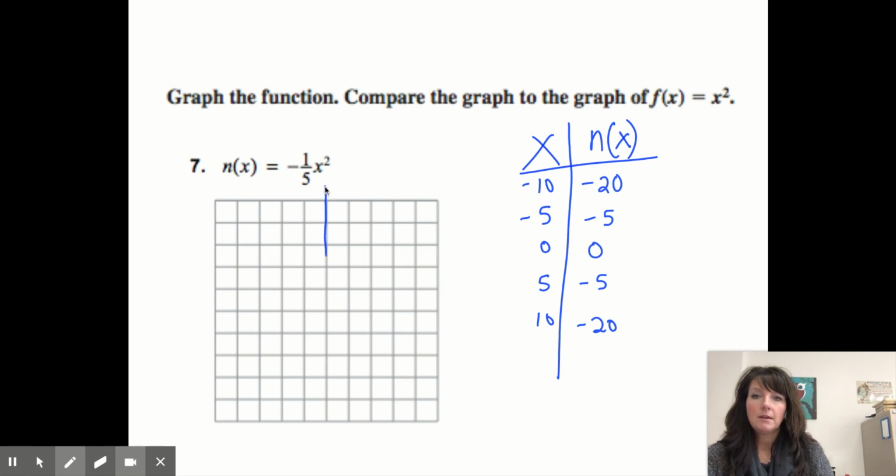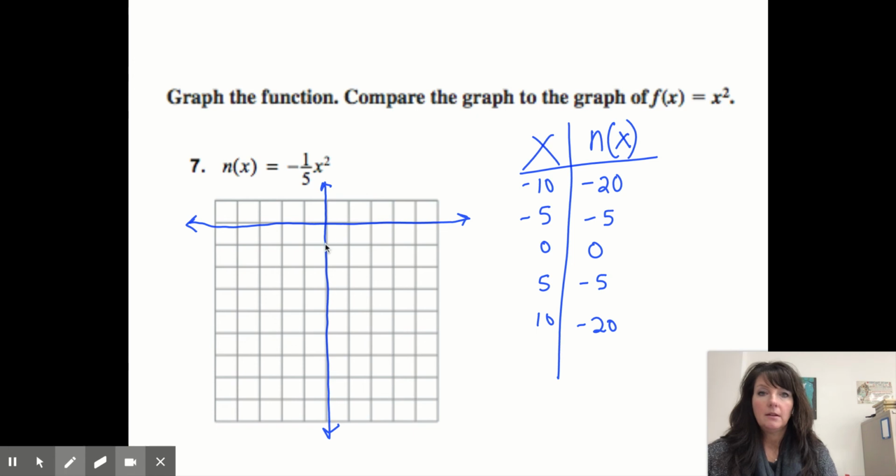So if I make my x and y, again, let's just count by fives on everything.